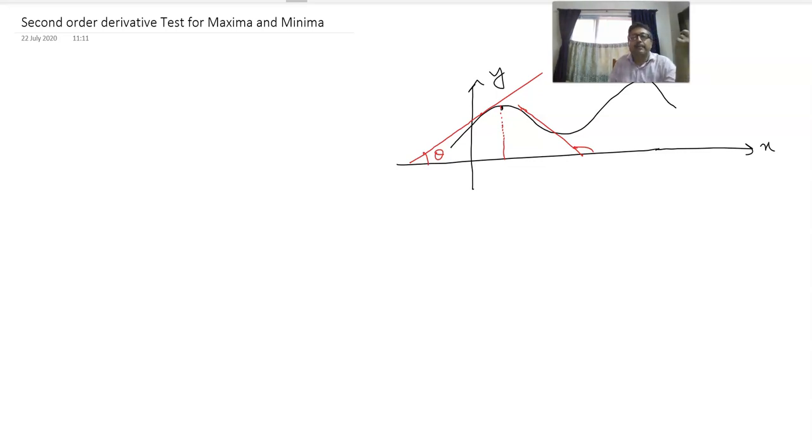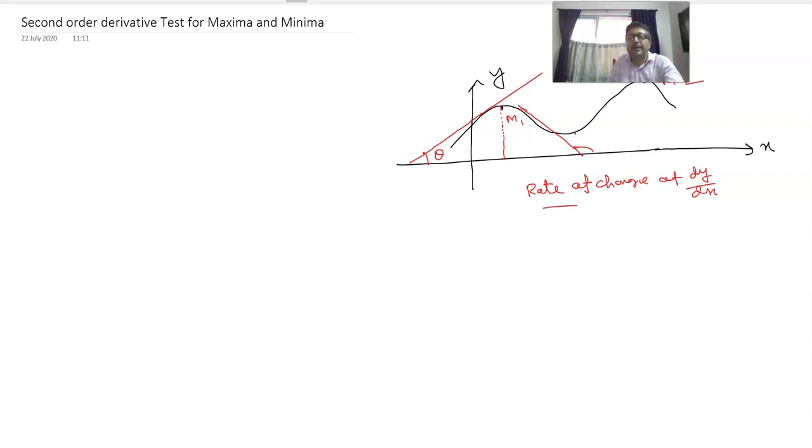At the same time, if we consider the rate of change of dy by dx, let's see what happens. The rate of change of dy by dx at the point of maximum. This is a local maximum, and this is another point of local maximum, and this is the point of minimum.